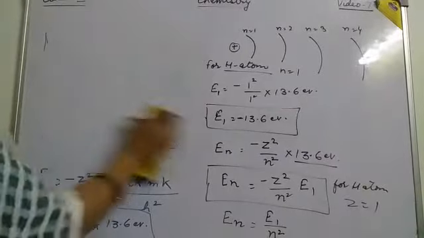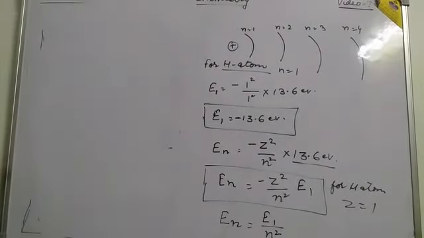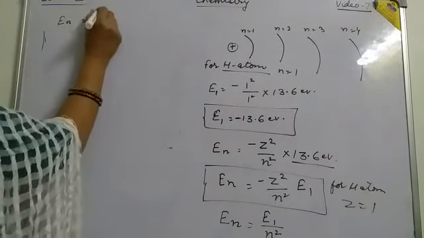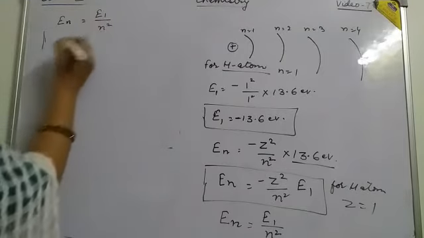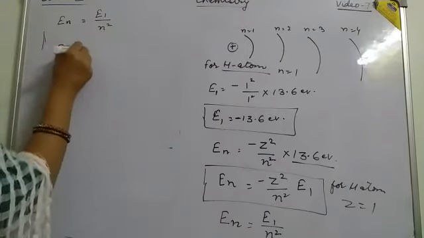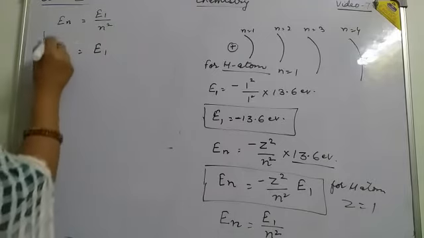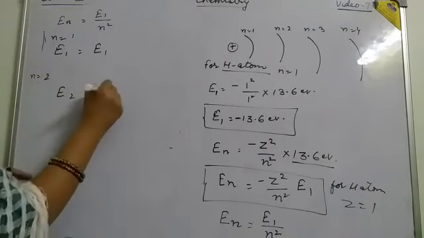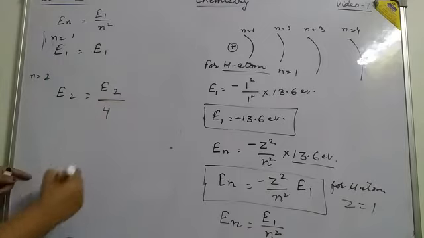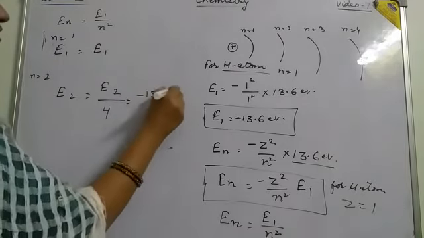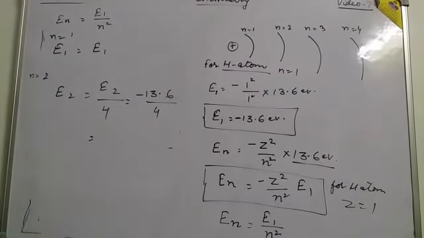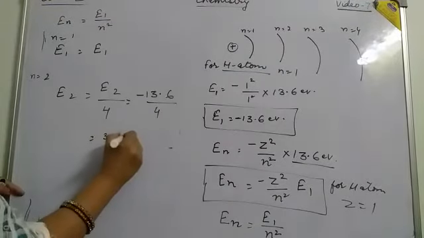Now for the different shells of the hydrogen atom, En is equal to E1 by n square. If n equal to 1, we get E1. If n equal to 2, then E2 equals E1 by 4, that is minus 13.6 by 4, which is minus 3.4 electron volt.